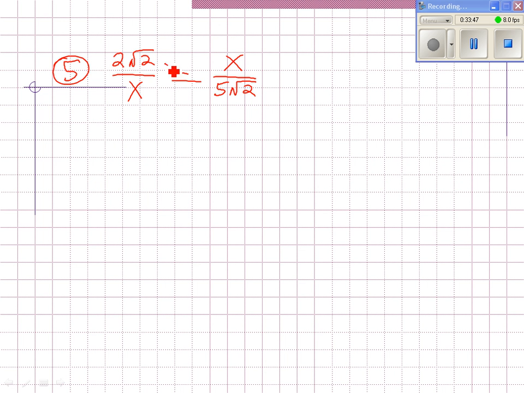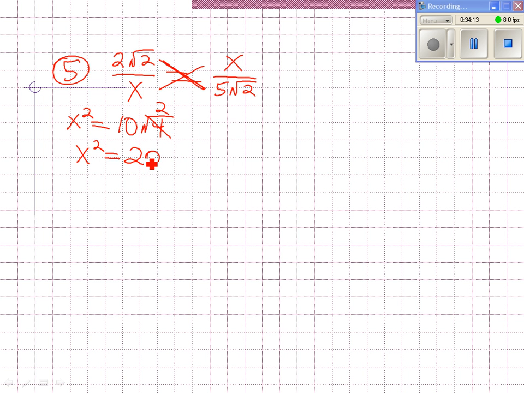We cross multiply. x squared equals, when I cross multiply this way, 2 times 5 is 10. Square root of 2 times square root of 2 is the square root of 4. What is the square root of 4? 2. What's 2 times 10? 20.